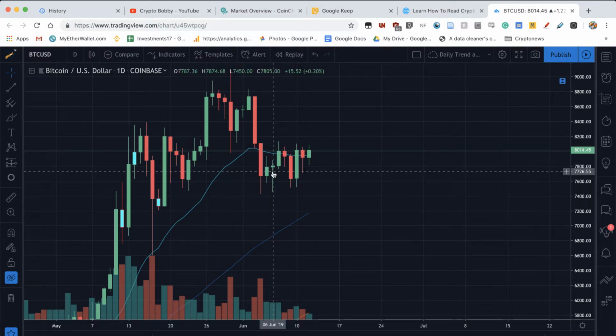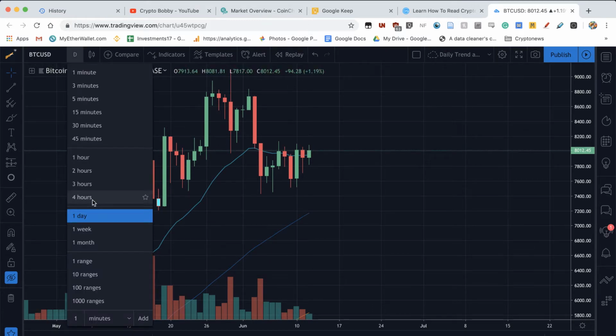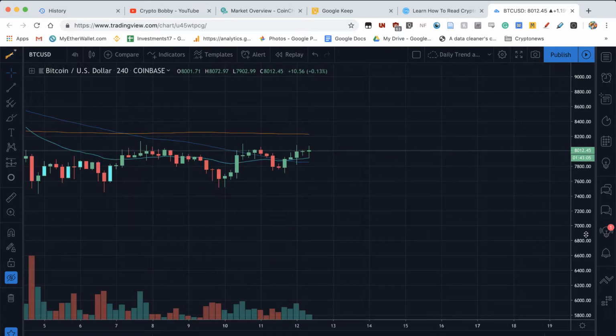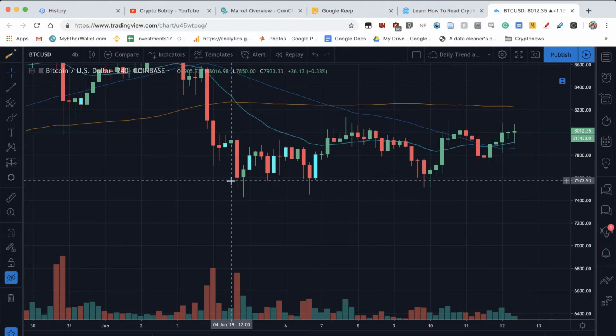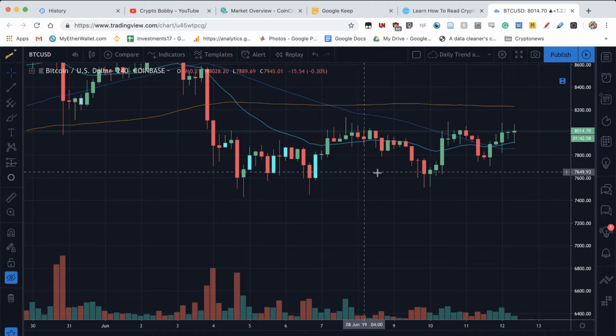So if you would have entered here after seeing this pattern, then yeah, you would have had a nice profit. But of course you won't be buying all at the low, so maybe you could also use the 4-hour time frame to maybe find some easier patterns to help you find good entries into the market.